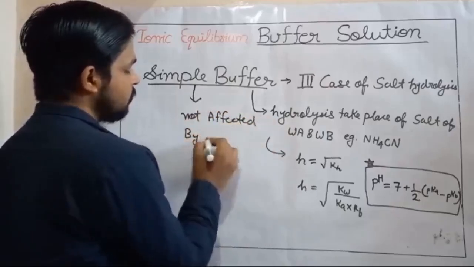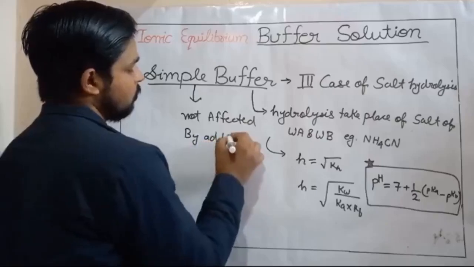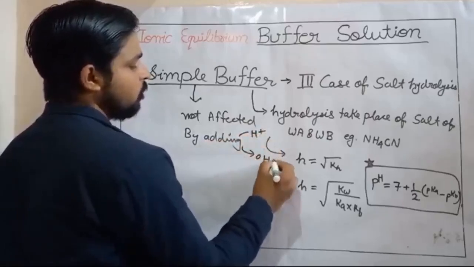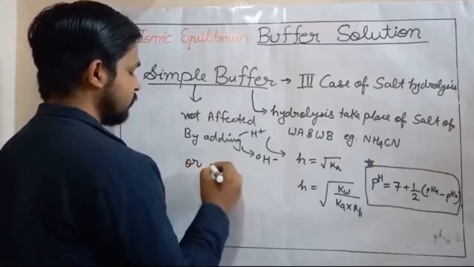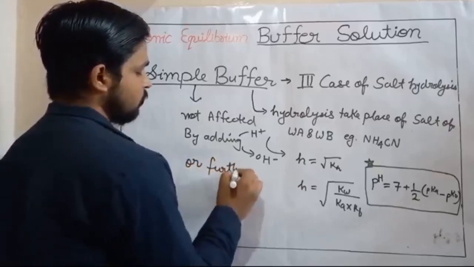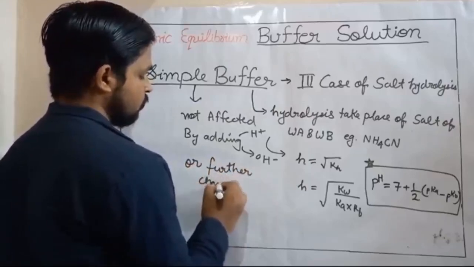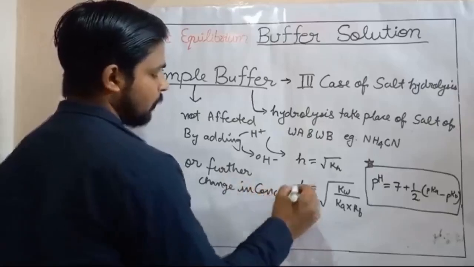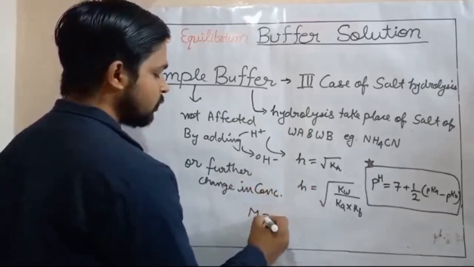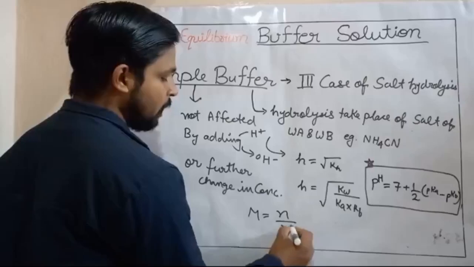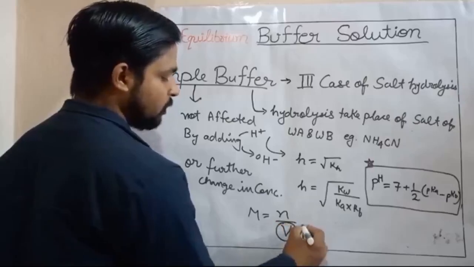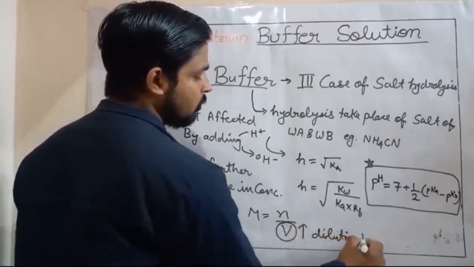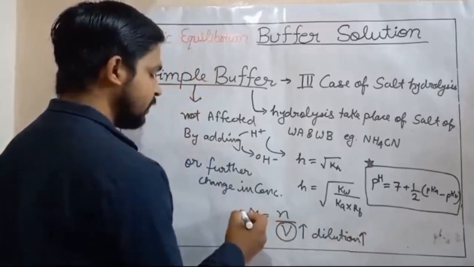Why, on adding H plus or OH minus, or on further change in concentration? We know that molarity is the number of moles per unit volume. If we change the volume, if we dilute, on dilution the volume increases, so a change in concentration takes place.